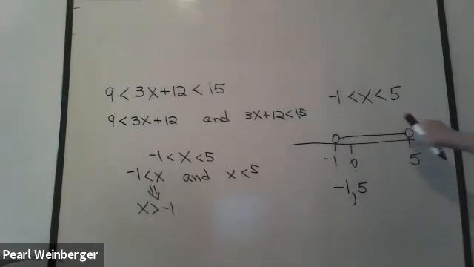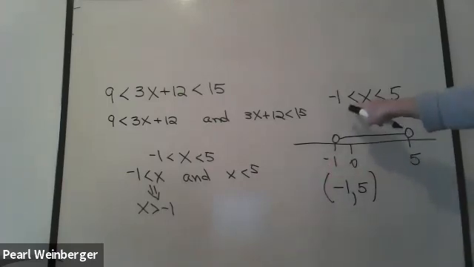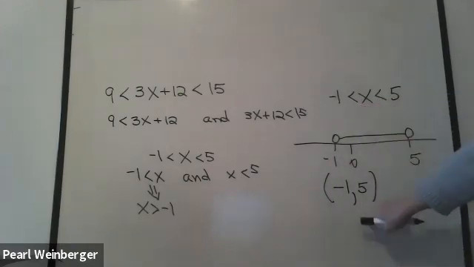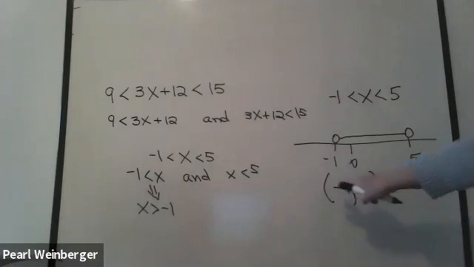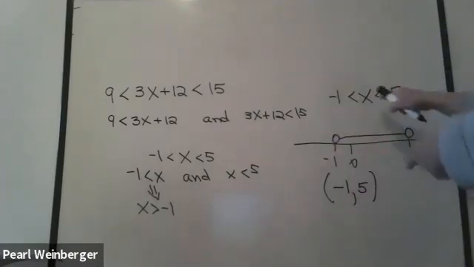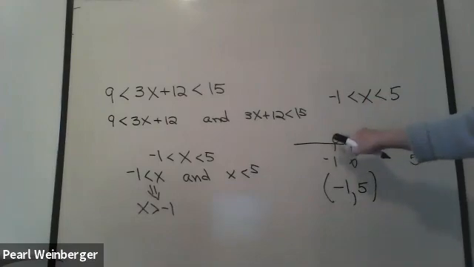And since these are open circles, I'll put parentheses. And if you notice how this matches this and it matches this, where I have the -1 on the left and the 5 on the right, instead of having the X, we now have the parentheses to tell us that they're not including the -1 and the 5.